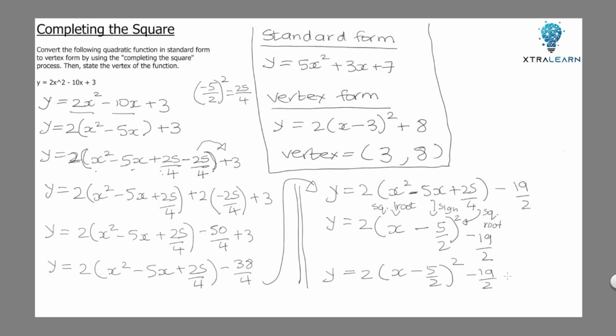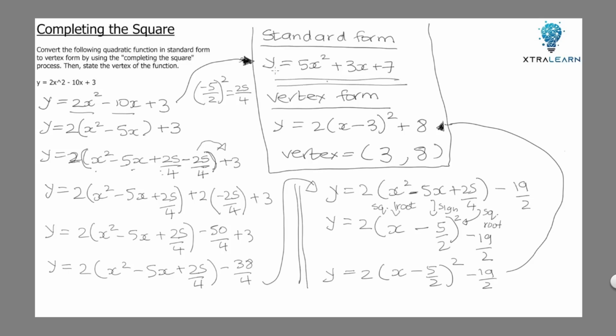And if you take a look at this, you'll realize that this looks very similar, or not just very similar, it's identical to this vertex form right here. The original question that we started out with over here looks exactly like this, standard form.